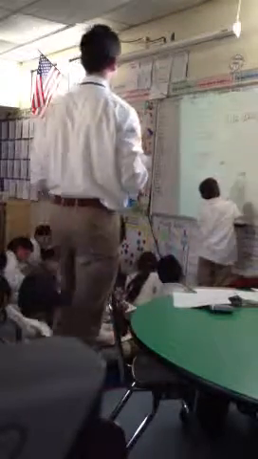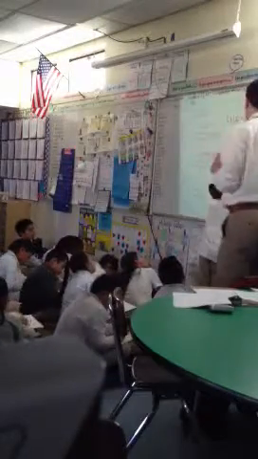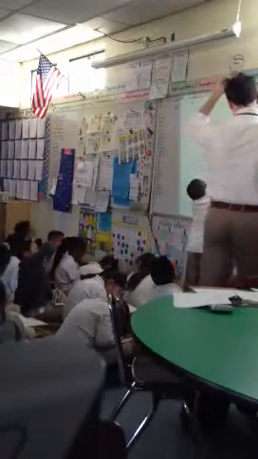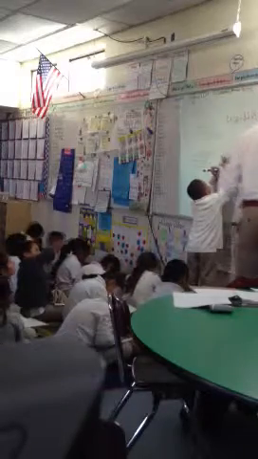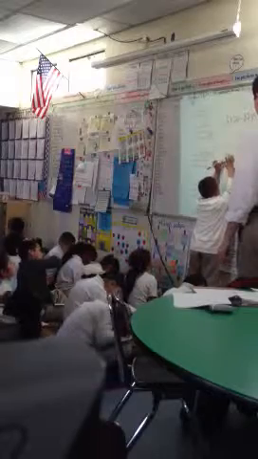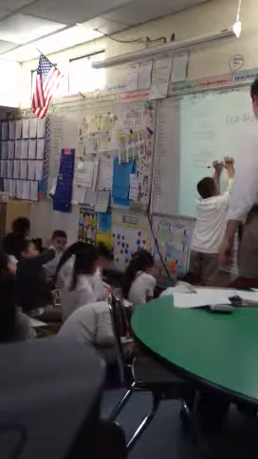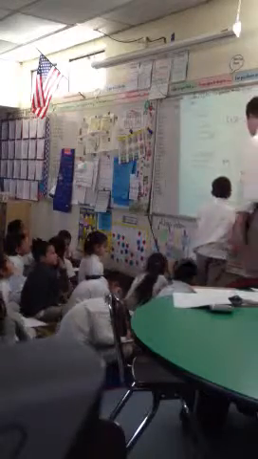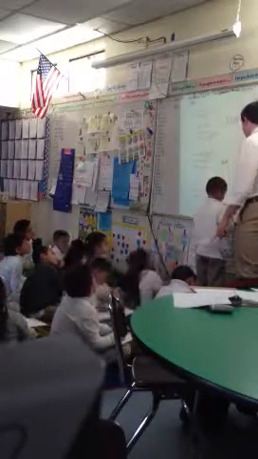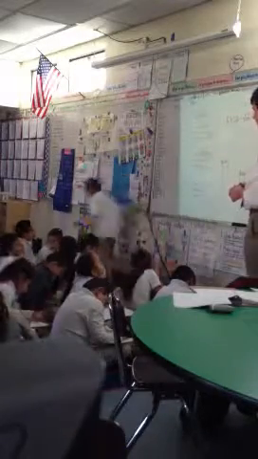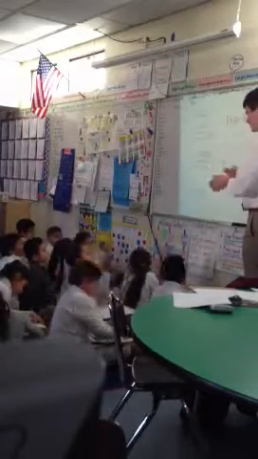The larger bar should be $4. Smaller bar, $3.20. All right, good job, Jeremiah. Everyone give Jeremiah 2 claps.